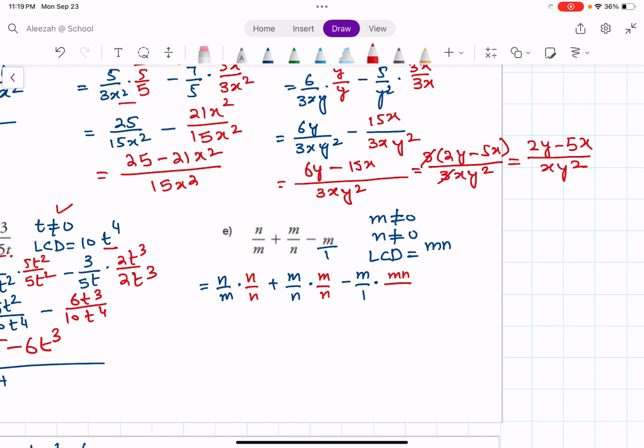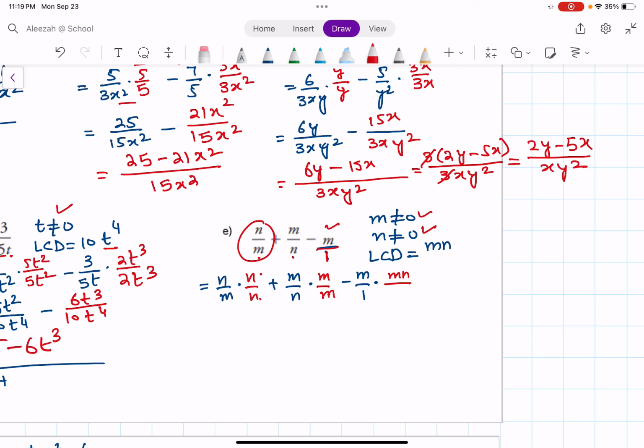Next question. If you look at the last term, it's m. I can write m over 1, right? The variables in the denominator are m and n, so m is not equal to 0, n is not equal to 0, and the lowest common denominator will be m times n. Here I multiply this one by n over n. For the second one, I multiply and divide by m.